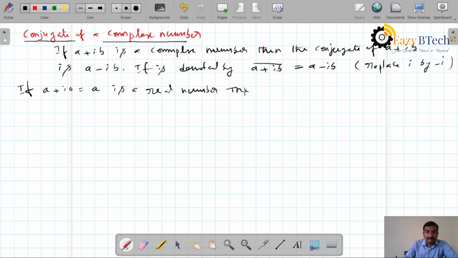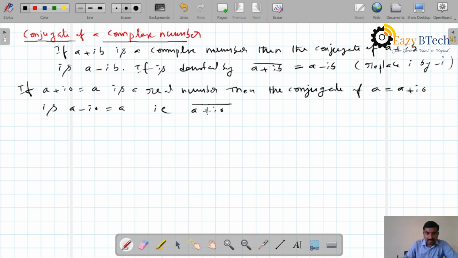Then the conjugate of a plus i0 is again a minus i0, that is simply a.